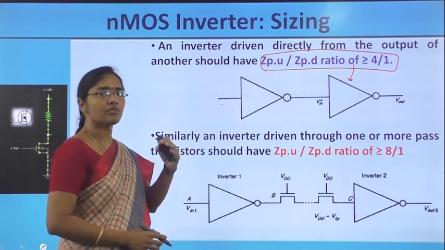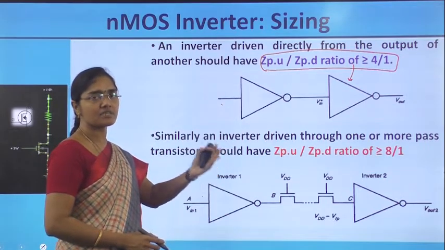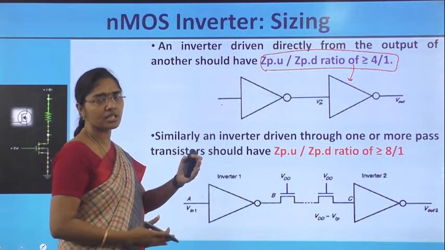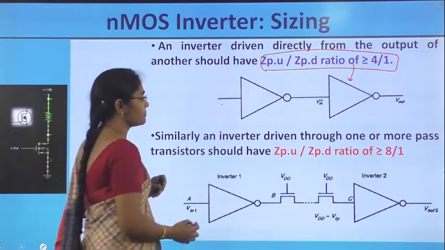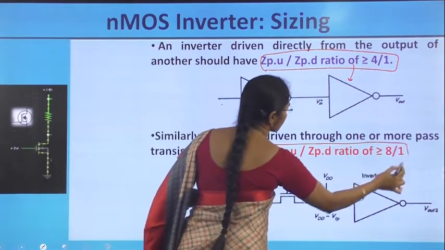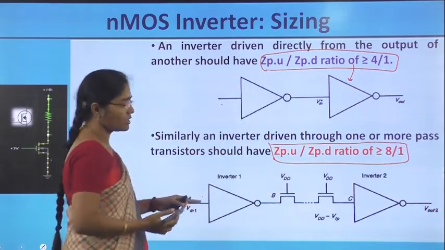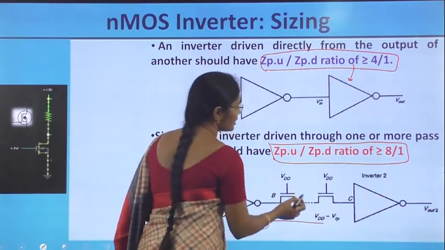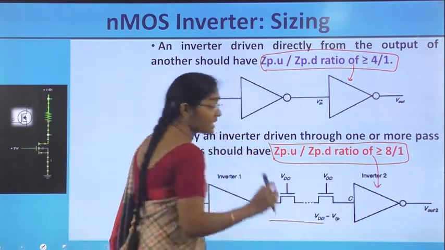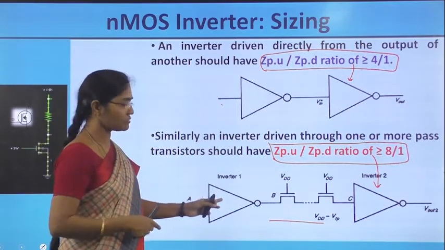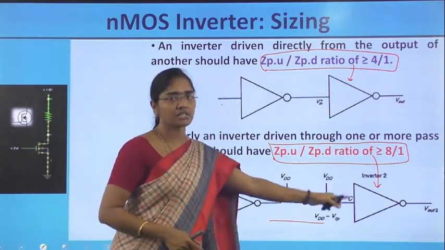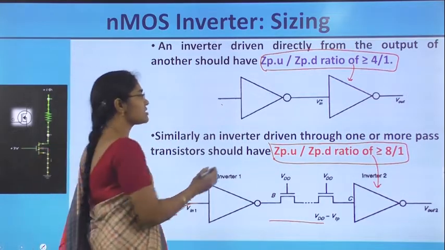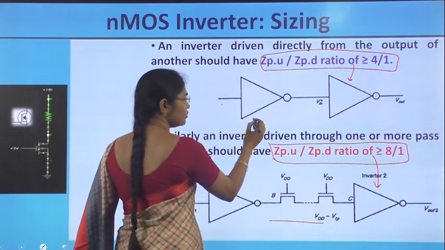For this case, to send the original signal as it is without any loss, without delay or with less delay, and with symmetric characteristic. Here also, to get the symmetric characteristic, less delay and less loss, if inverters are connected with pass transistors in the middle, the size of the second inverter, when compared to the first inverter, should be more, greater than or equal to 8 by 1. That means in the pull up and pull down there will be two transistors.